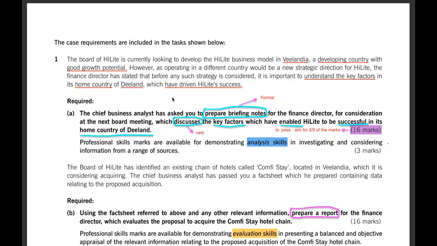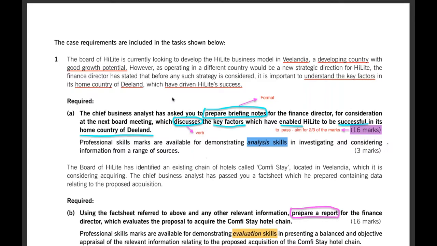So what does that tell you? Indirectly, this information is telling you that they want to develop a business model in Finlandia. So this tells you what? That means they are going to go out from Dylan into another country. Okay, so that's what they are planning to do.